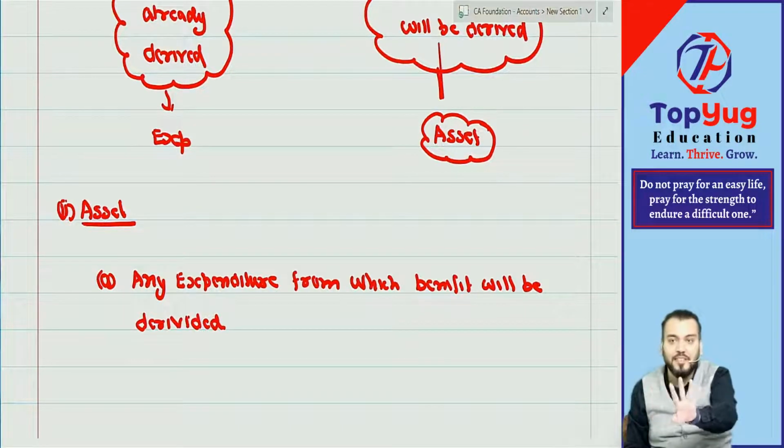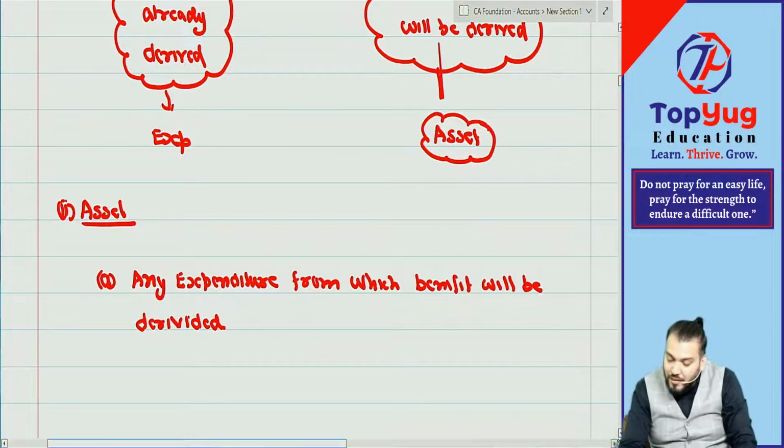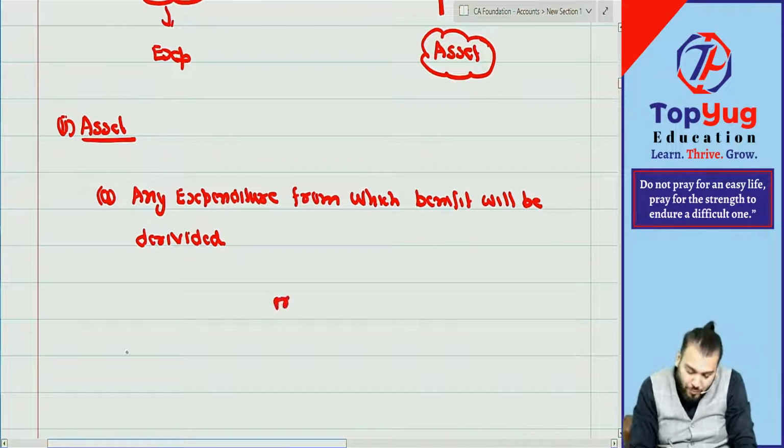Understood? I think no explanation is required. Correct? Understood? Or point number B.